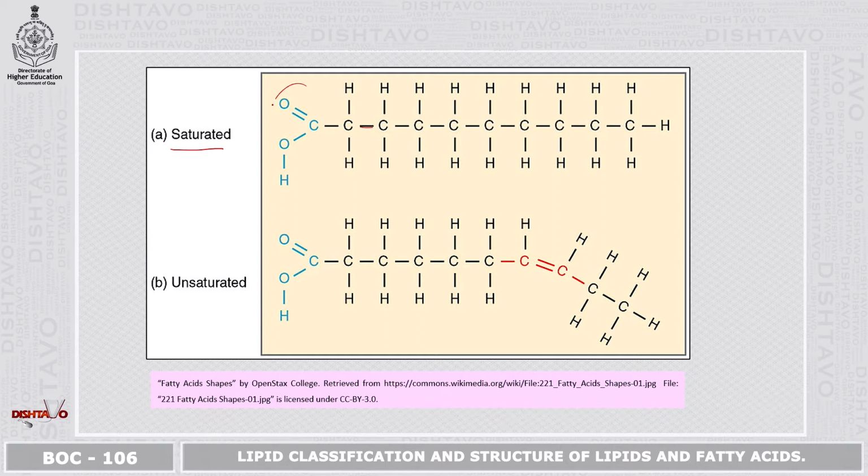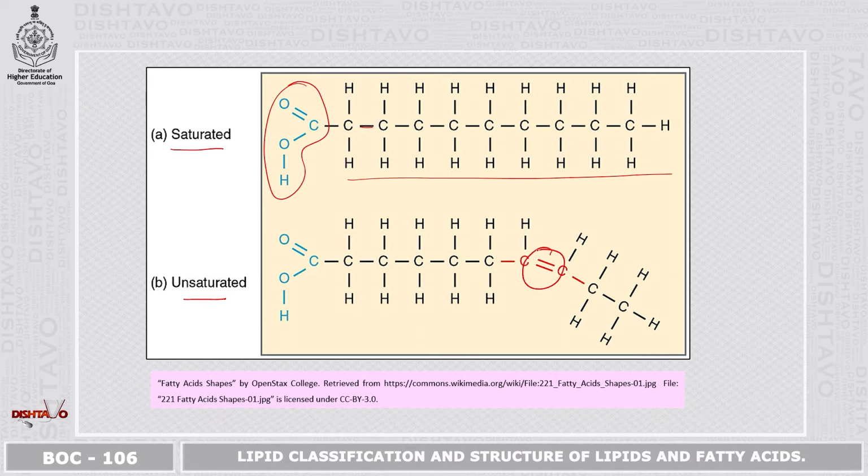This is the carboxyl group that is present, and a long chain of carbons. For every fatty acid, whether saturated or unsaturated, this chain is going to vary, the number of carbons and the number of hydrogens, but the carboxyl group is going to remain the same for all the fatty acids.